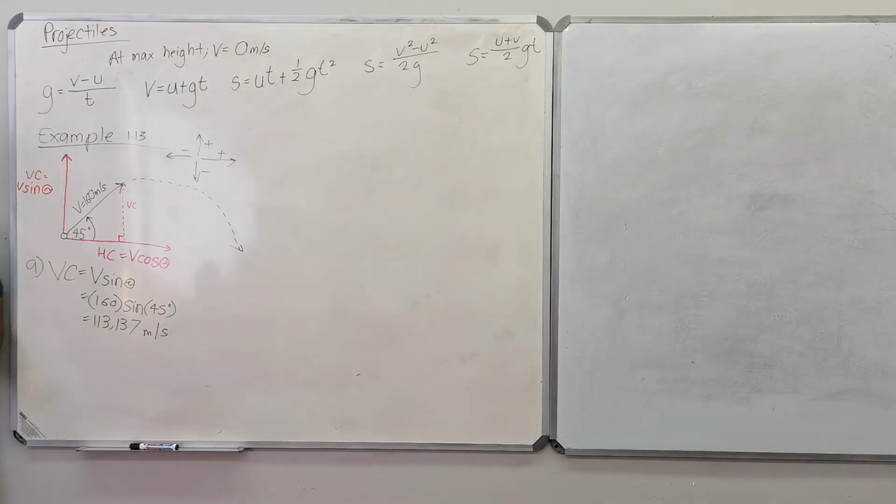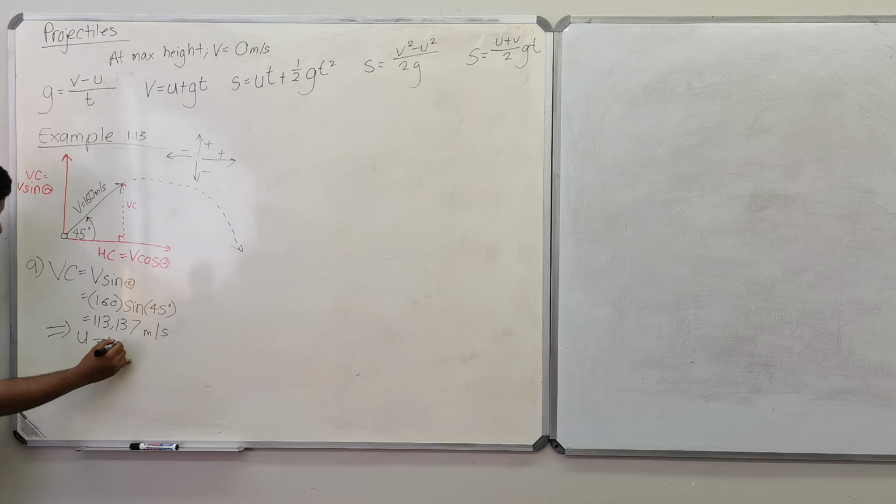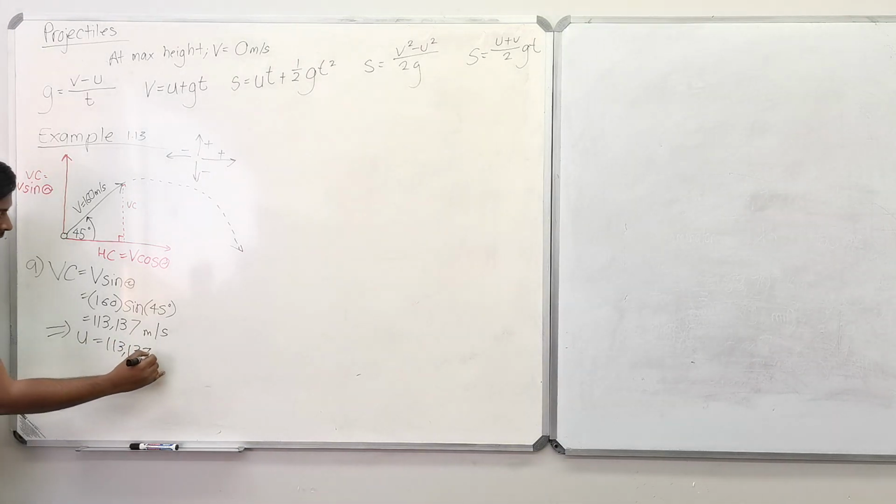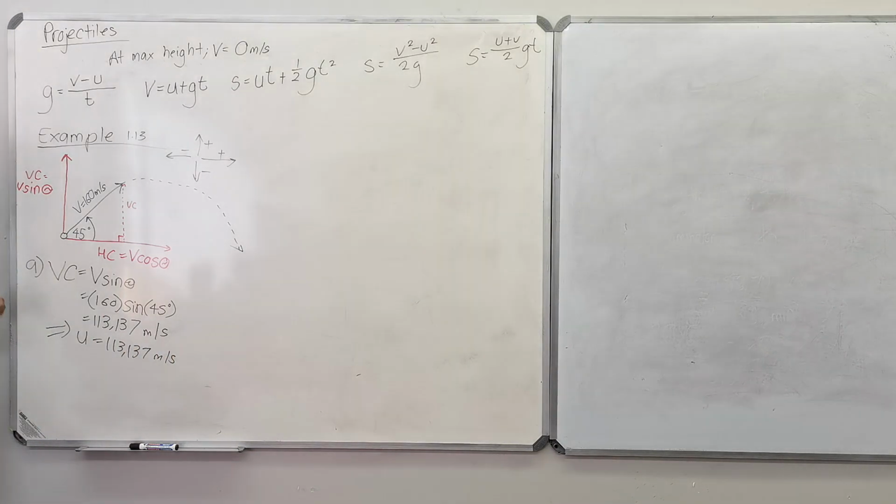What did we just work out? Sorry, the initial velocity. Yes, this is your initial velocity that we will use to work out our maximum height. So this value here is the initial velocity, which is equal to 113.137 meters per second.